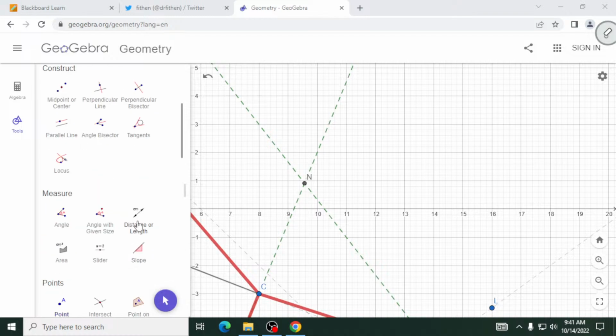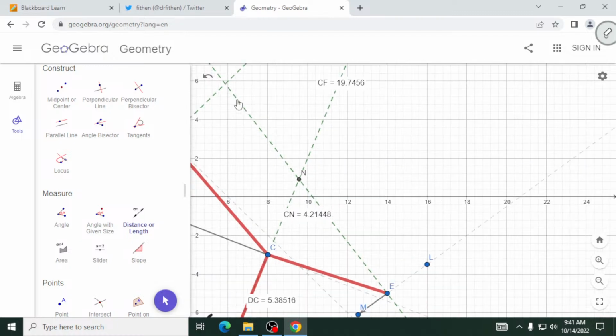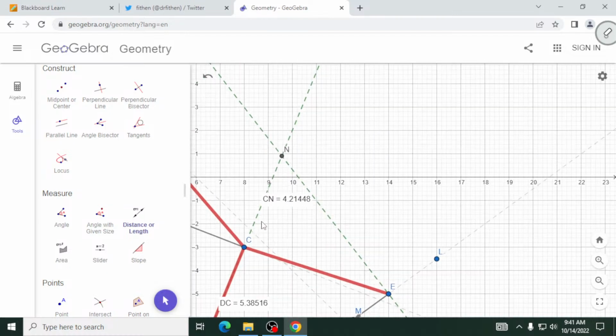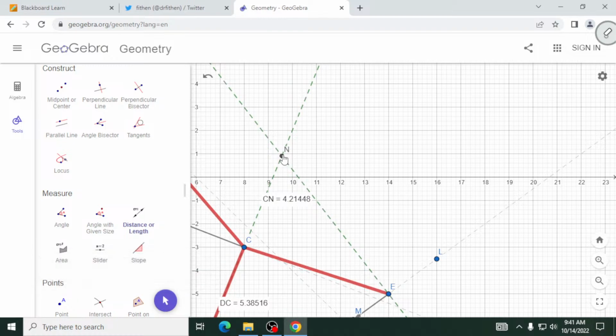There's the distance. I'm going to measure it from C to N. I wonder what happens if I do N to E. What if I do E to N?